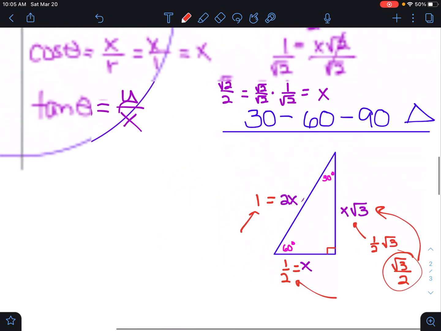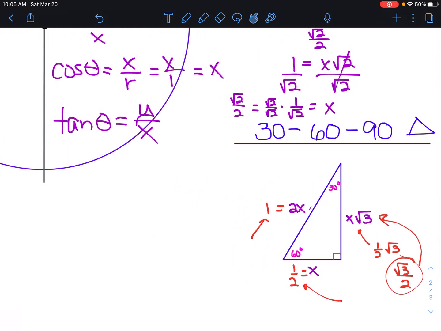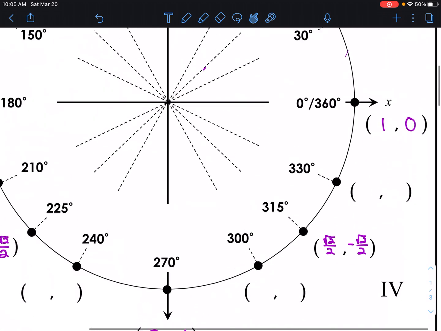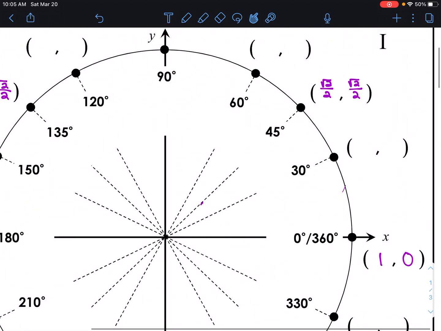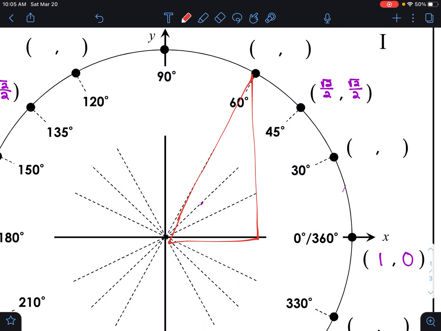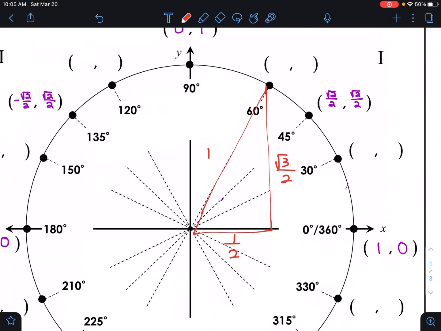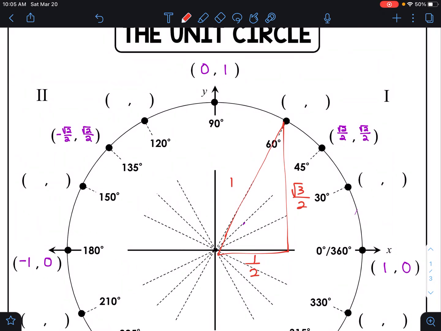So now if I come up here to my unit circle, 60 degrees, let's see, I got my triangle here. This is square root of 3 over 2. This is a half, and this is 1. Now, what's x? Well, x is a half.